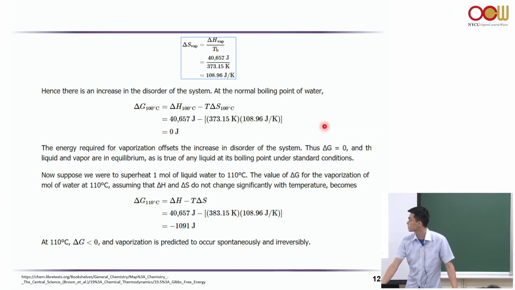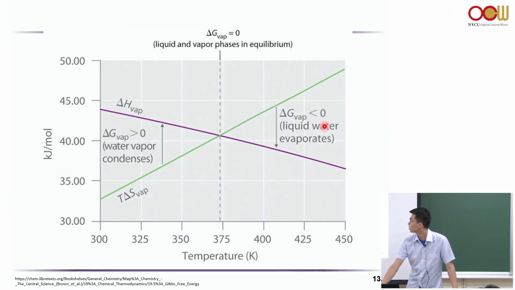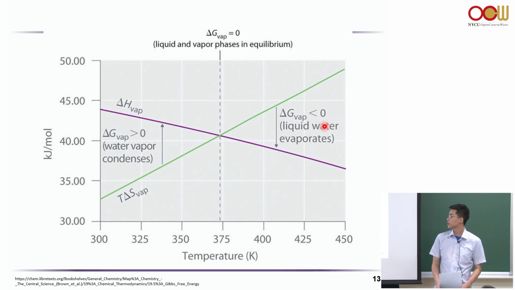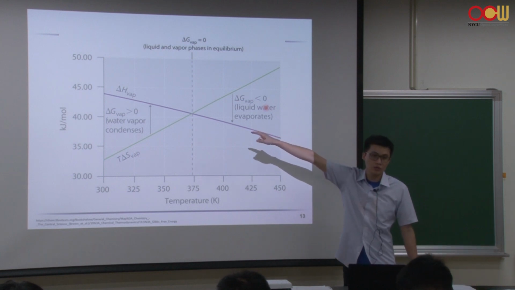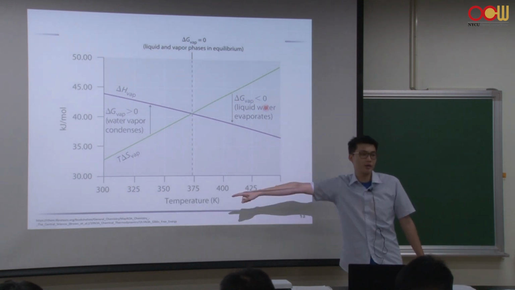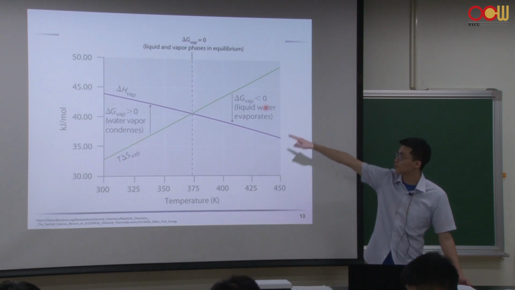Let's get back to this example here. If we plot the change of your delta H and change of your delta S as a function of temperature, noting that there's no little circle, so it's not under the standard state, therefore your value could change, okay?